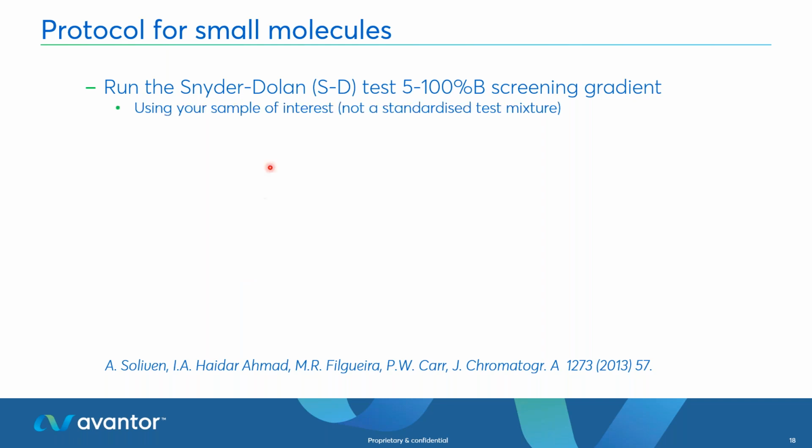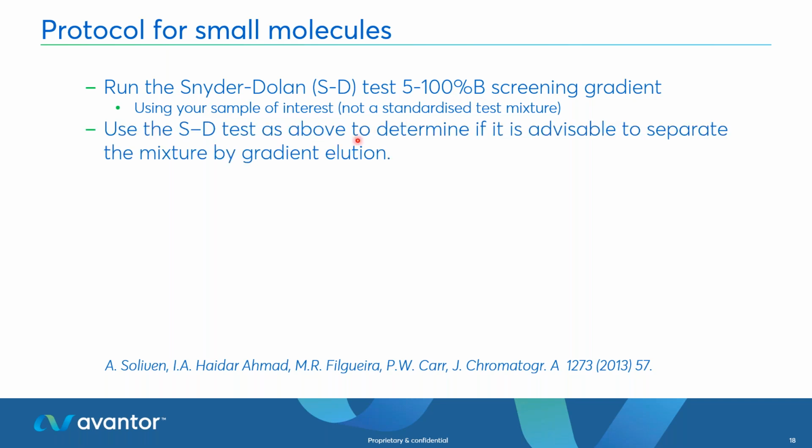You need to run the Snyder-Dolan test, and you need to run the sample of interest. Please do not use a standardized test mixture. Use your complex sample. You run that screening gradient, and then we use the Snyder-Dolan test criteria to determine if we move forward with a gradient elution separation or an isocratic separation.